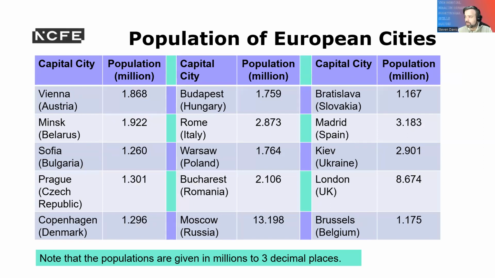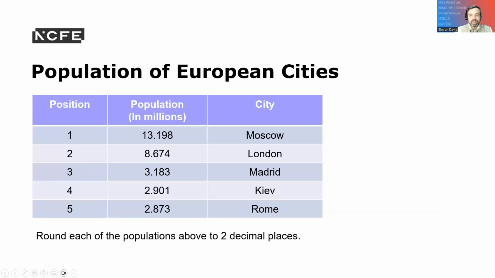So if we have a look at the population of European cities, note that the populations are given in millions to the third decimal place. So third decimal place there. Population of European cities, so population in millions, and your cities there.